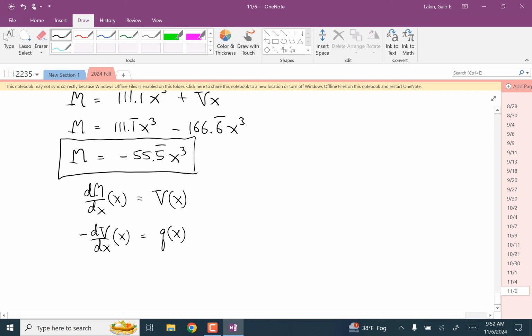So can you do that, like if you know that your distributed load starts at 0 at the left? Yeah, that's a good point. Yes, you can integrate. That's right.